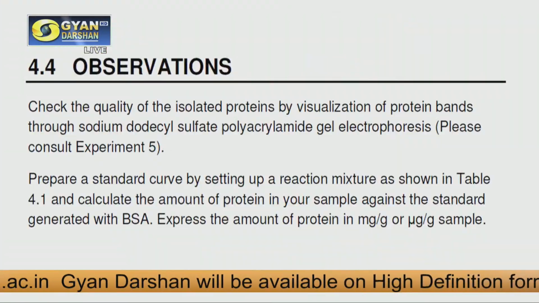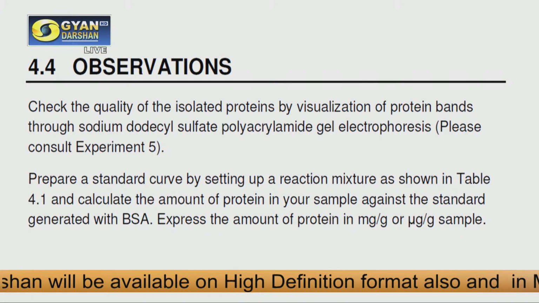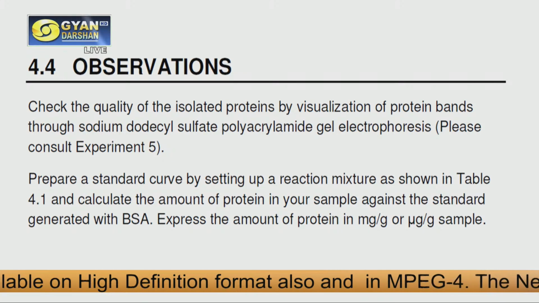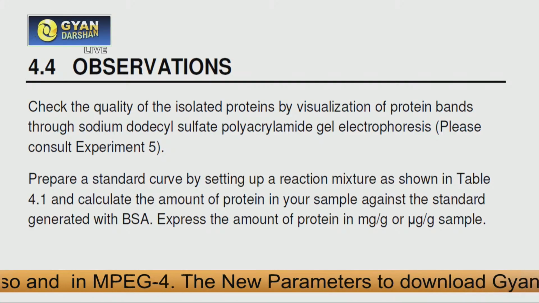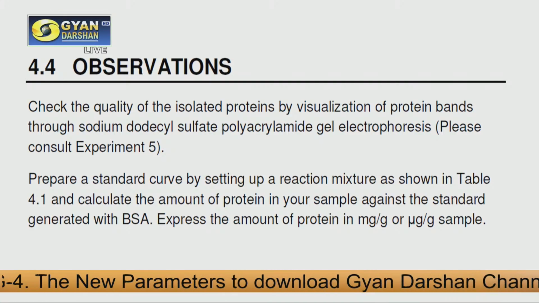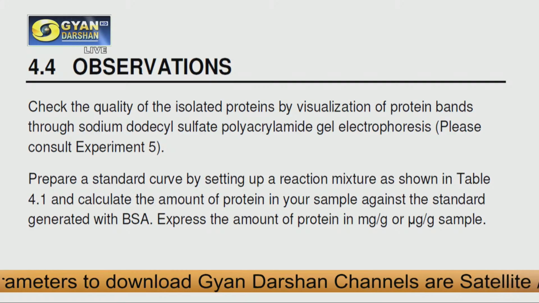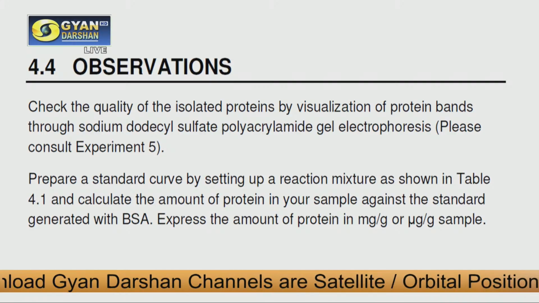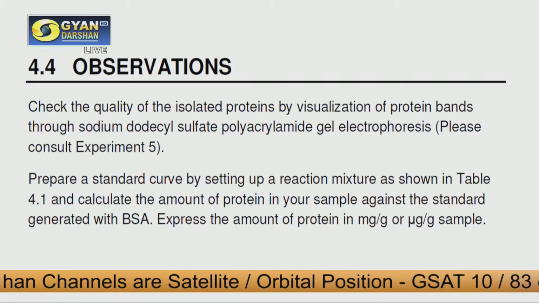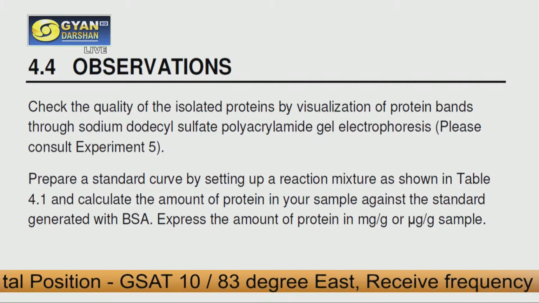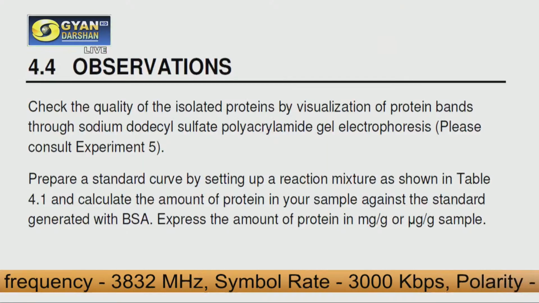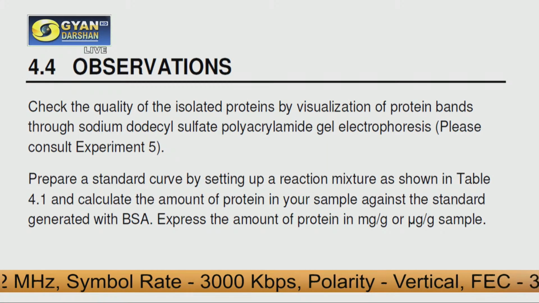And the quantitative part, that is how much protein is present in the sample, as I have discussed, you will prepare a standard curve based on the data that you obtain with respect to the bovine serum albumin estimation, and then compare the concentration of the protein in your sample against this standard. And finally, the protein will be expressed in either milligram per gram or microgram per gram sample, whatever be the case.